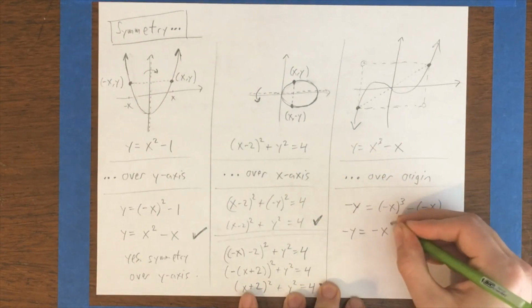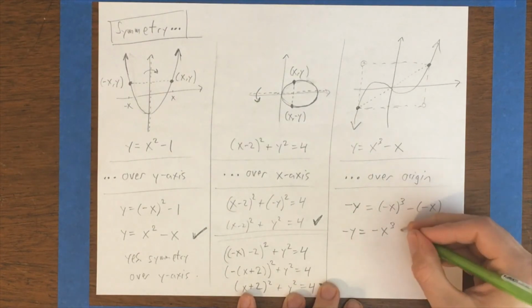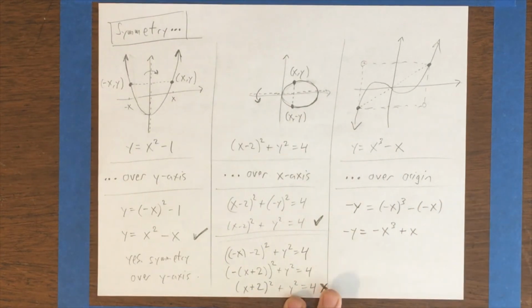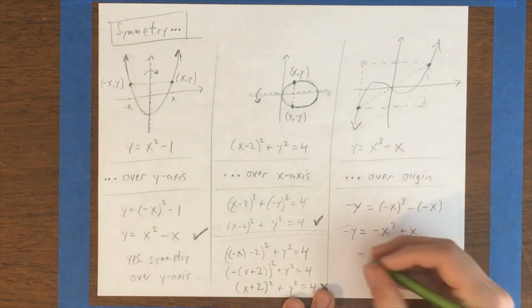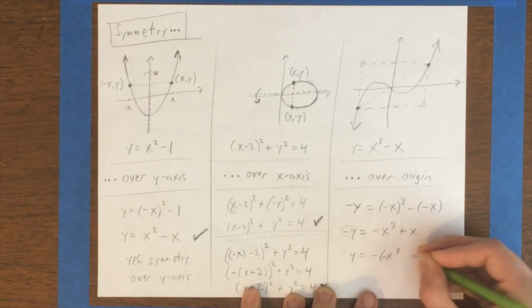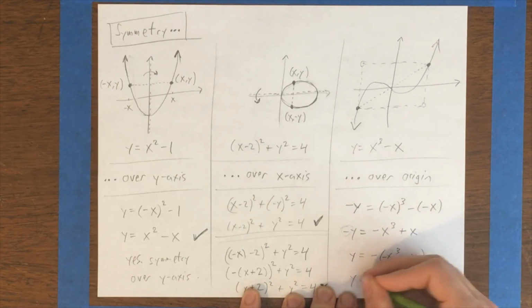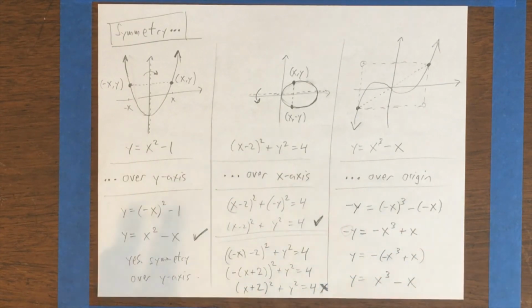So this is still a negative number, negative x cubed. And here we have a double negative, so that's going to become positive. But then we want to eliminate that negative over there, so make both sides negative. And then we have x cubed minus x again after distributing.